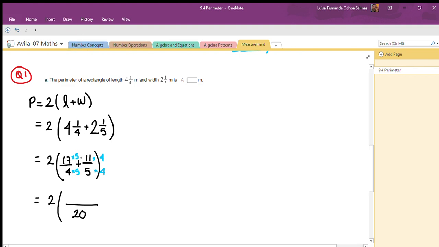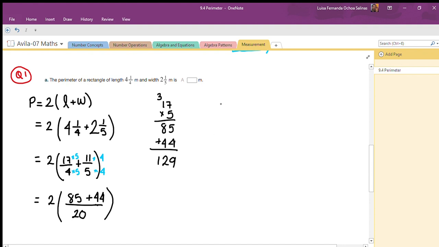So 17 times 5, I'm going to do it here, is 85. Plus 44. So 85 plus 44 is 129.